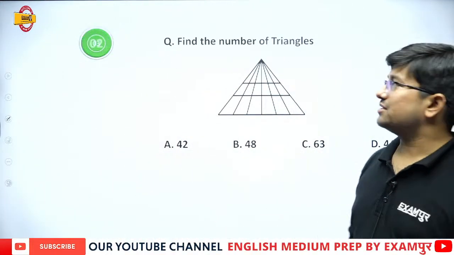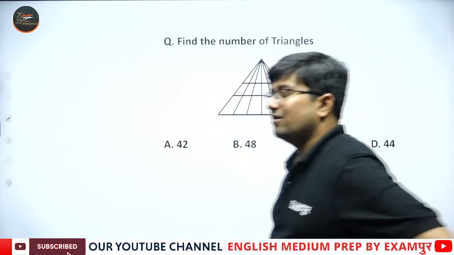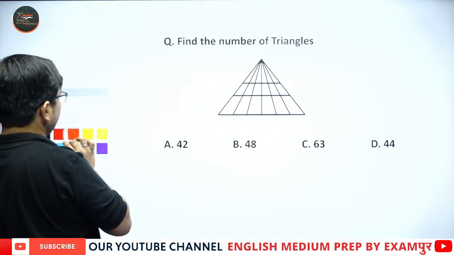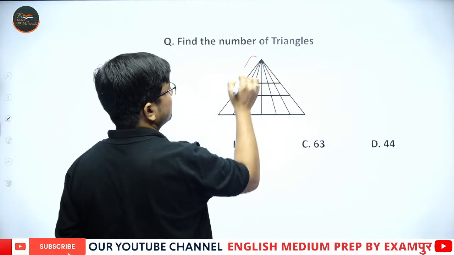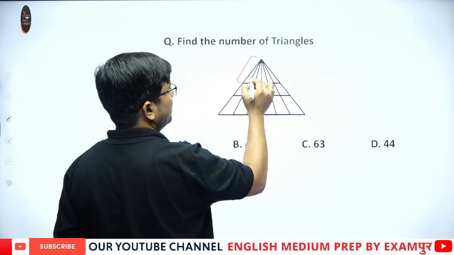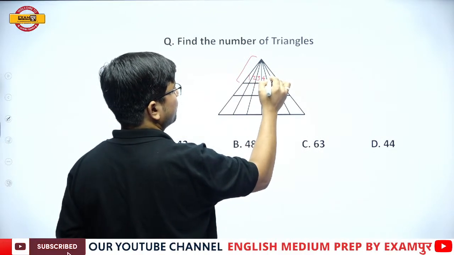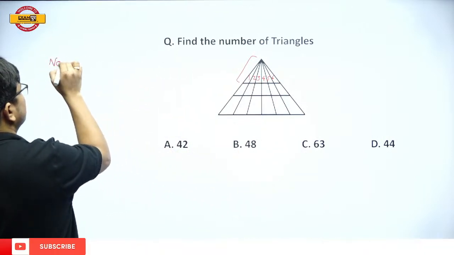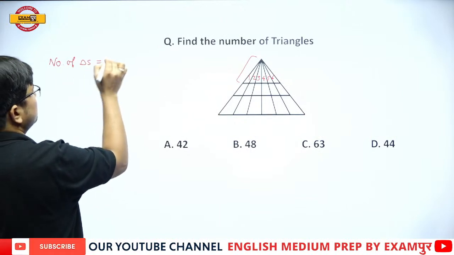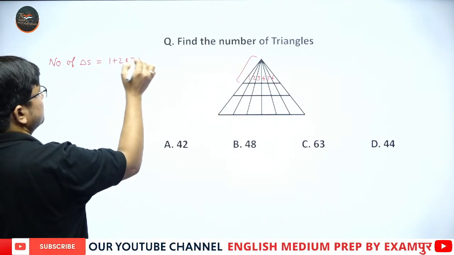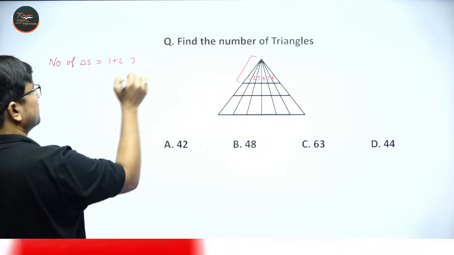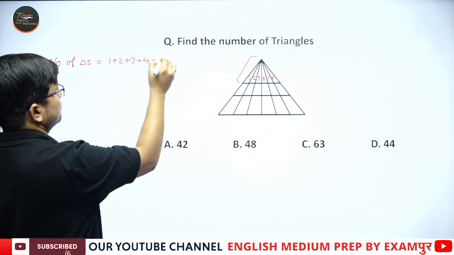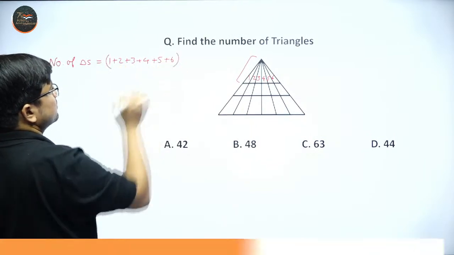Now these are the questions which you can solve verbally. How? Let us see. Just focus on this much area. 1, 2, 3, 4, 5, 6. So if I ask you the number of triangles, you will just add till 6.